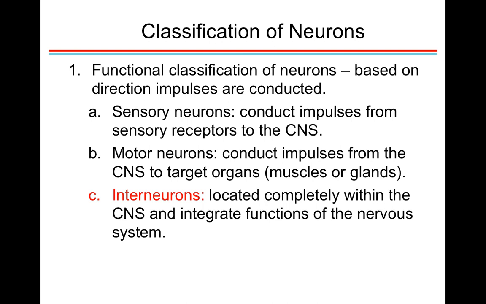And then there are also interneurons, and interneurons are located completely within the central nervous system, and they serve an integrative role to help integrate different signals coming to and from the central nervous system.